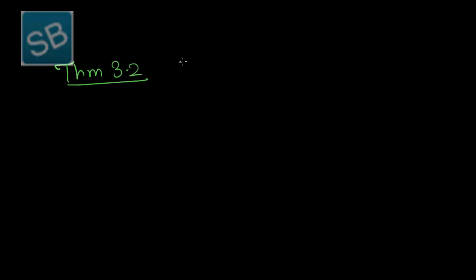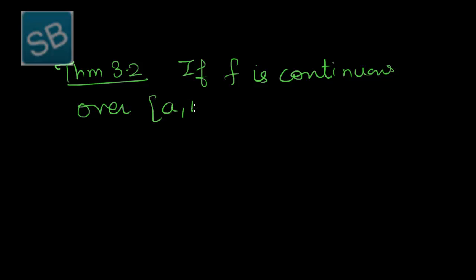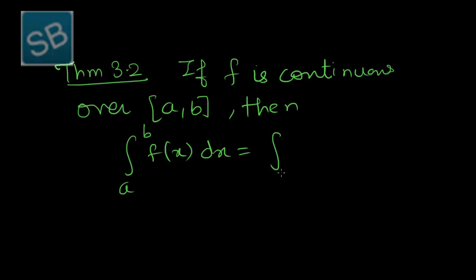It says that if f is continuous over the closed interval a to b, then the integral from a to b of f(x) dx is equal to the integral from a to b of f(a + b - x) dx.